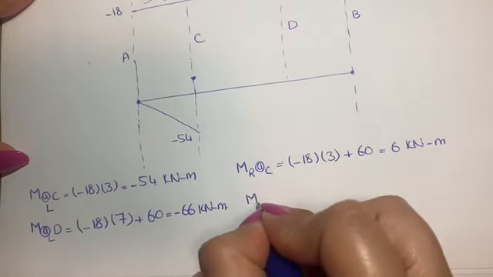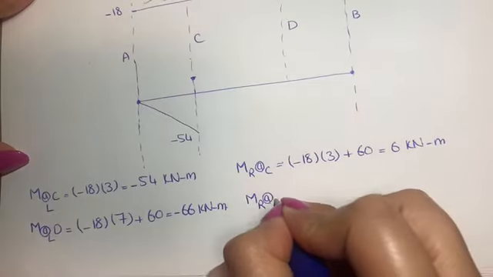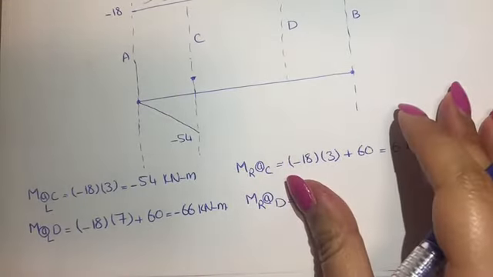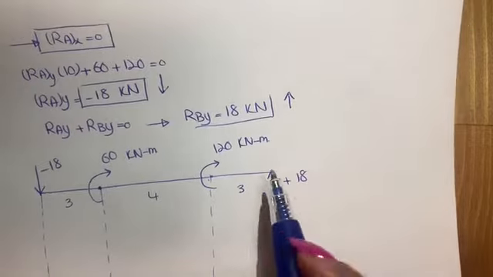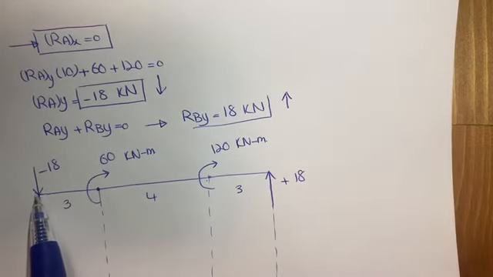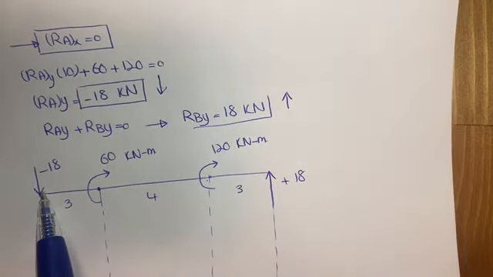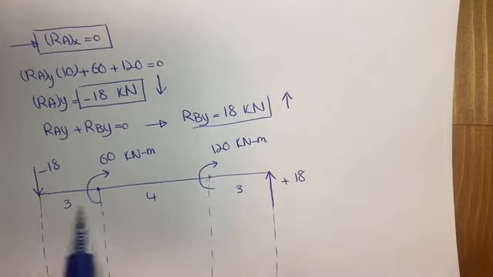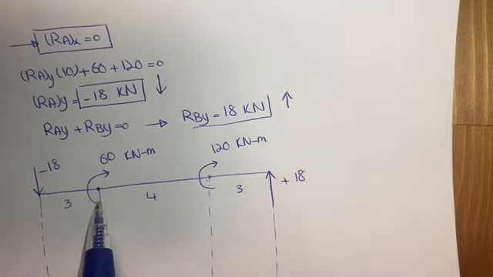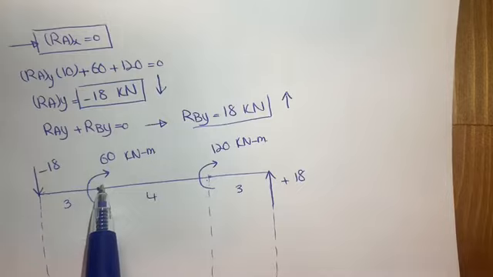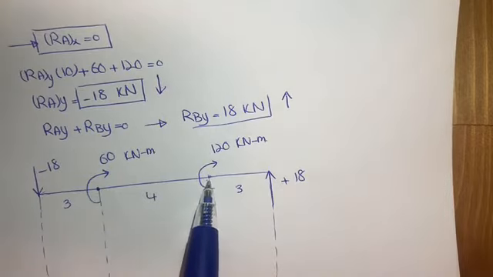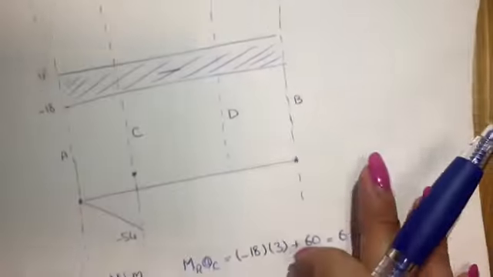And at the right hand side of point D, you can see from the free body diagram that you have a moment created by this force, and this distance is still 7. You have to consider this concentrated moment as well as this concentrated moment.